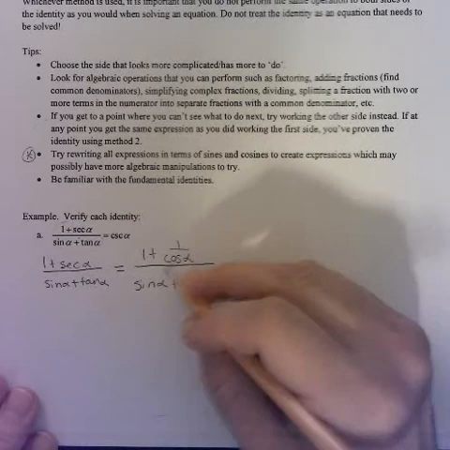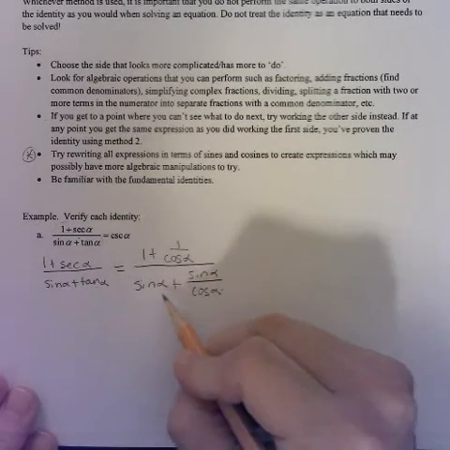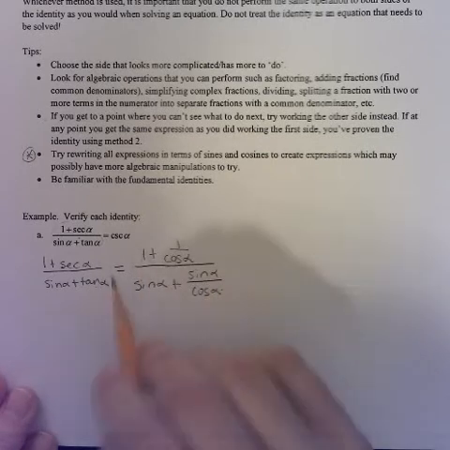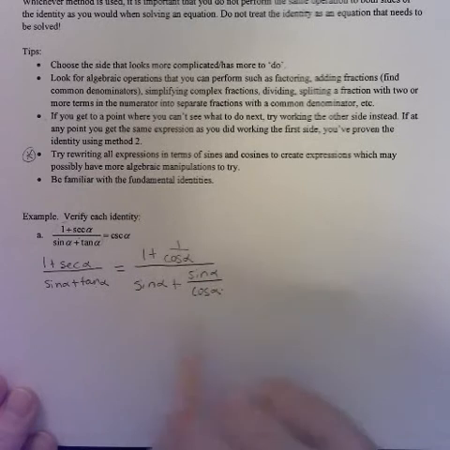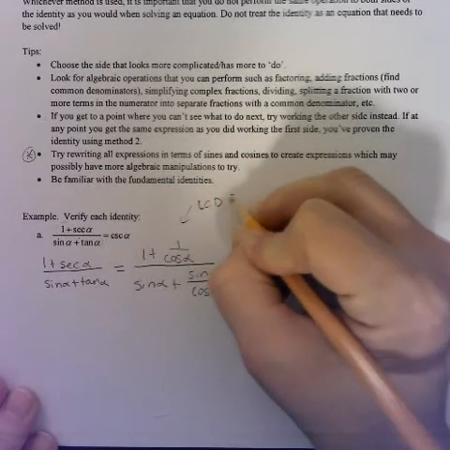This isn't really an algebraic expression, but use algebraic techniques to eliminate the complex fraction. So you have 1, 2, 3, 4 expressions within this bigger fraction, if you will. What's the lowest common denominator of those 4 expressions? Well, it would be cosine alpha.